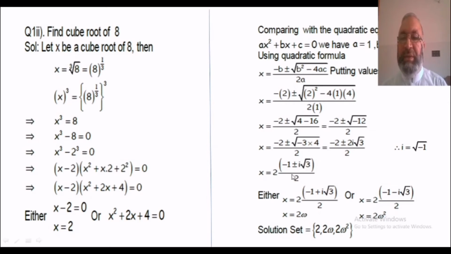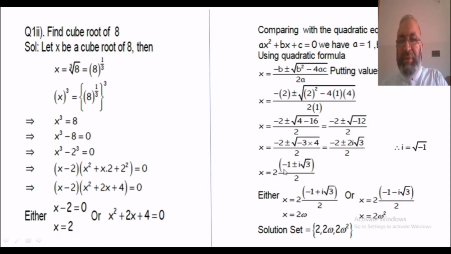Now again transform this into omega roots. The first root, minus 1 plus iota under root 3 by 2, is equal to omega.